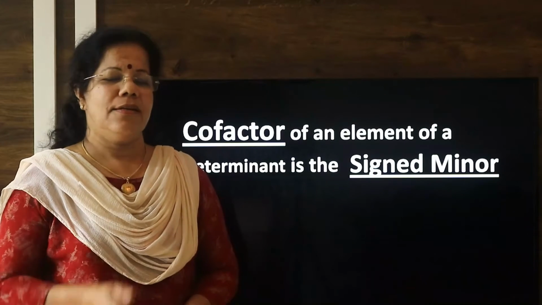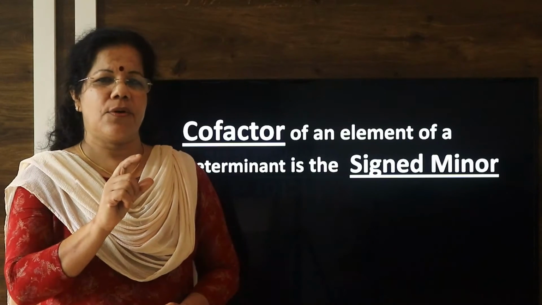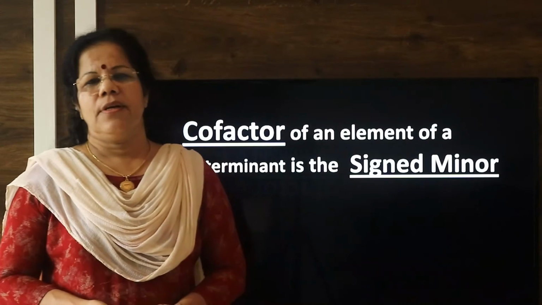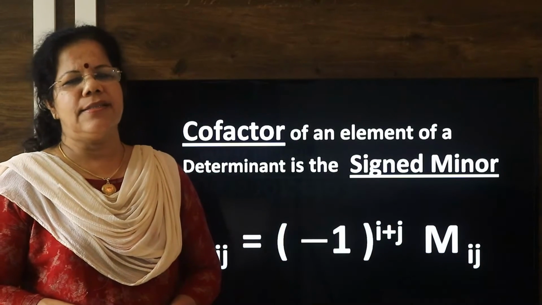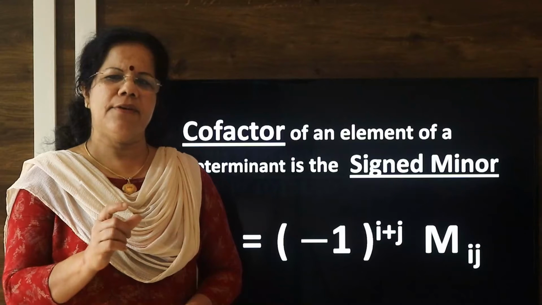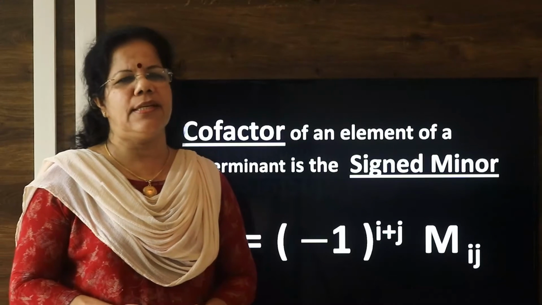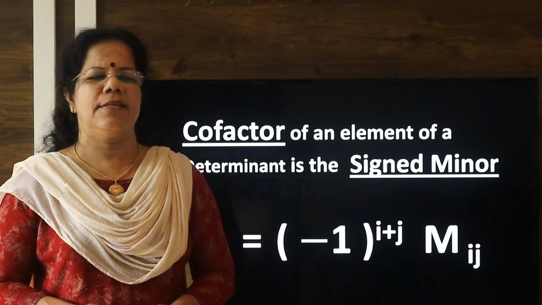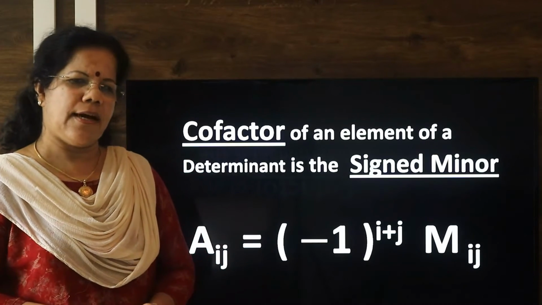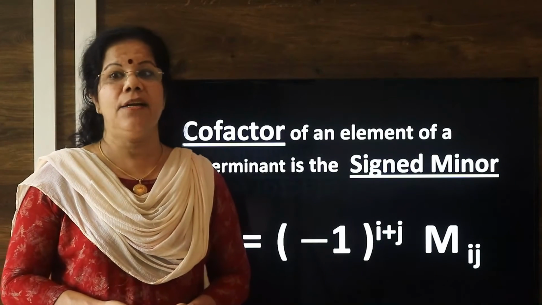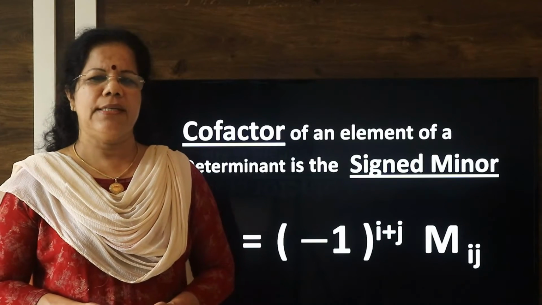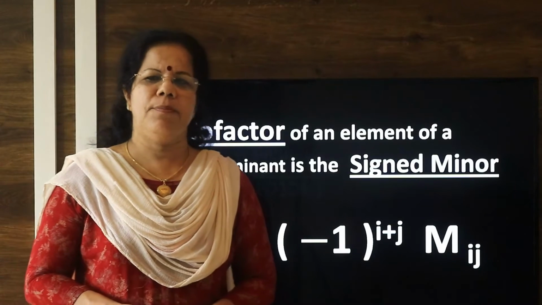The first number represents the row and the second one represents the column. So generally, the cofactor of the element Aij is denoted by capital Aij and is equal to the signed minor. It is actually Mij, but in addition to Mij, multiplied by negative 1 whole power i plus j.